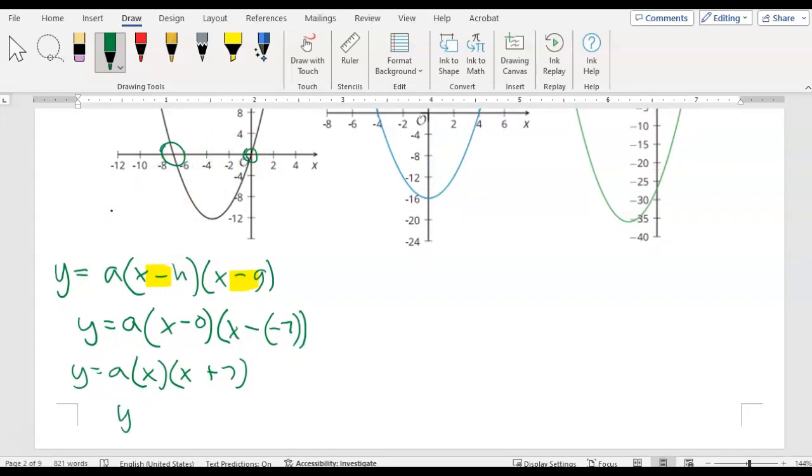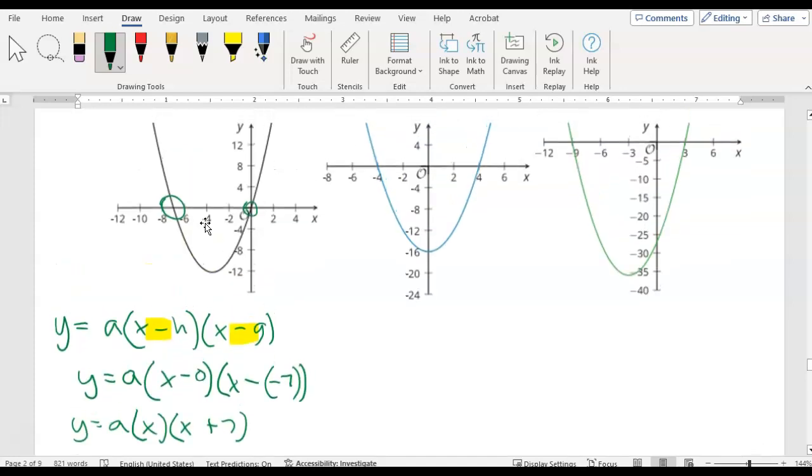I would get y equals a times 0 times (0 plus 7). Now, anything times 0 is going to give us 0, so that is not going to work out as a value that we can use here. Instead, you would want to use something that has a little more value to it that's not going to create a 0 for us.